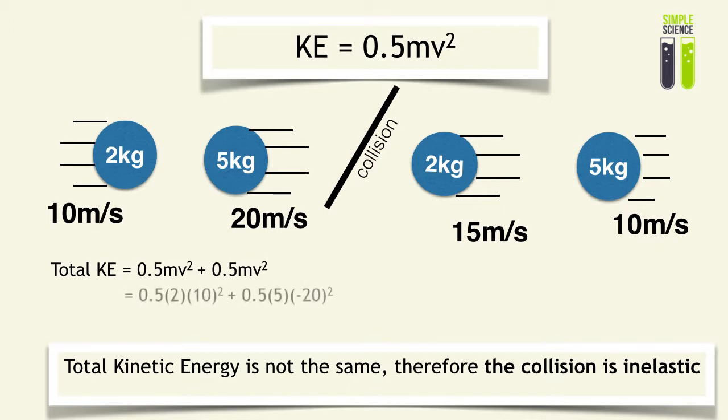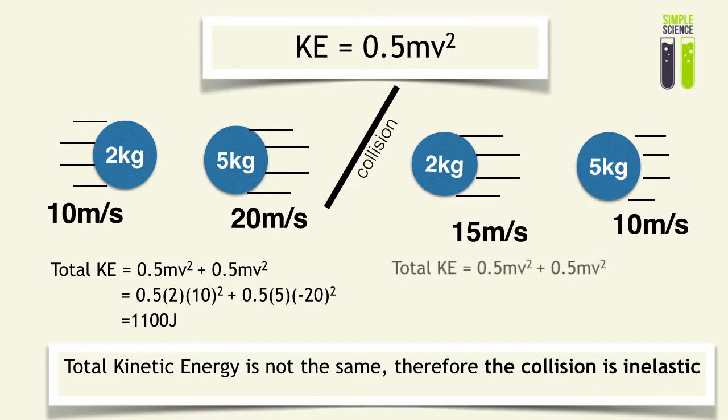That should give us a total of 1.1 kilojoules. And the total kinetic energy of the particles after the collision, half mv squared of each, should give us a total value of only 475 joules.